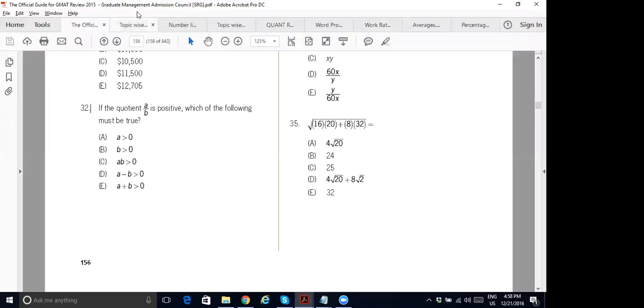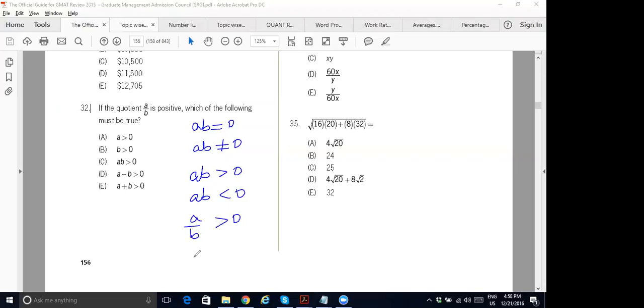So basically, when we divide one number by another, every second question gives you something like AB equal to 0, AB not equal to 0, AB greater than 0, AB less than 0, A over B greater than 0, A over B less than 0. So this question is basically A over B greater than 0, positive. What can you infer from this?